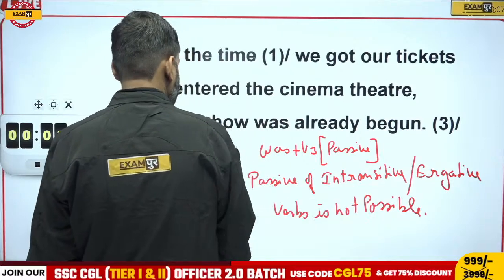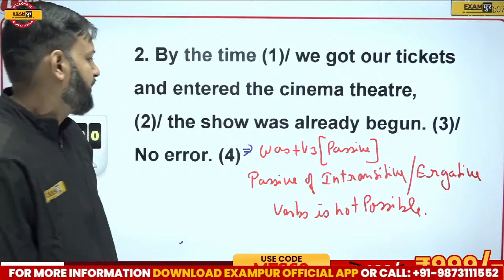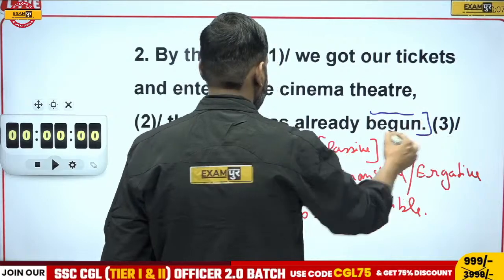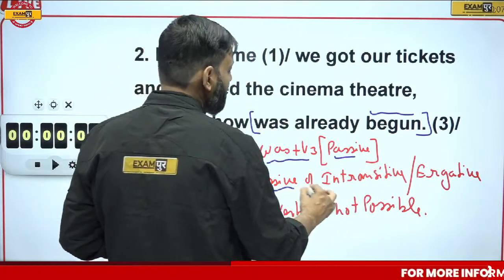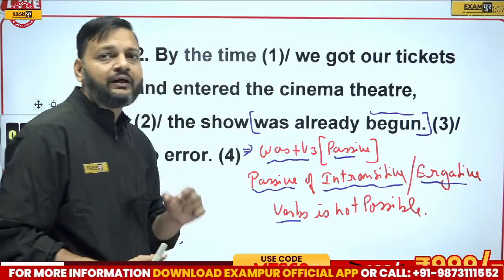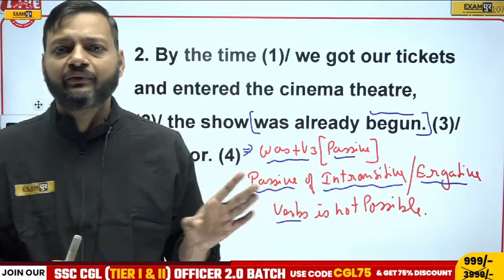The very first thing I told you is was plus V3 means passive. Here we have was and V3, so was and V3 means passive, right? And the passive of intransitive and ergative verbs is not possible, right?